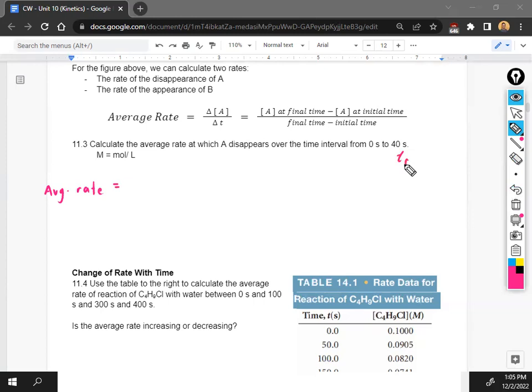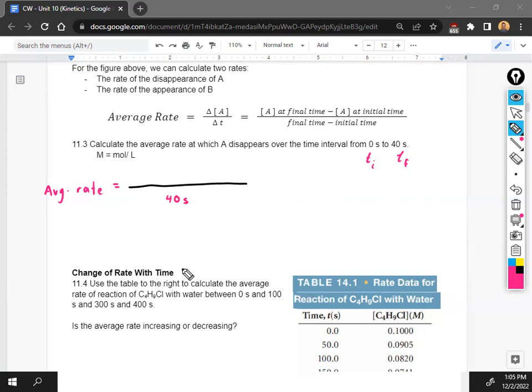And then what is the initial time? Yeah, 0. So that'll be TI. So we can actually do the bottom of the fraction, right? We just need to do TF minus TI. So 40 minus 0 is 40. Super simple. The bottom is very easy.